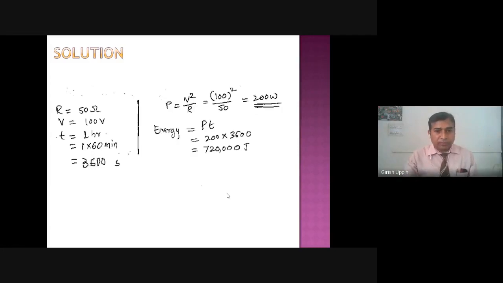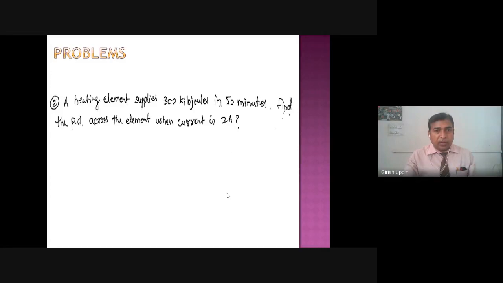Clear? Okay. Next problem. A heating element supplies 300 kilojoules in 50 minutes. Find the potential difference across the element when the current is 2 ampere. So draw the circuit diagram. The heating element supplies 300 kilojoules in 50 minutes.